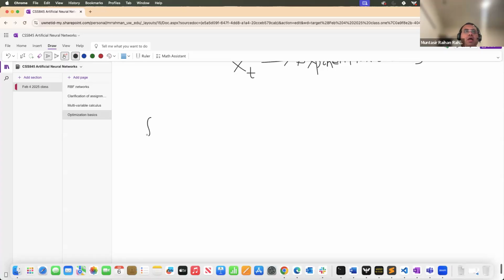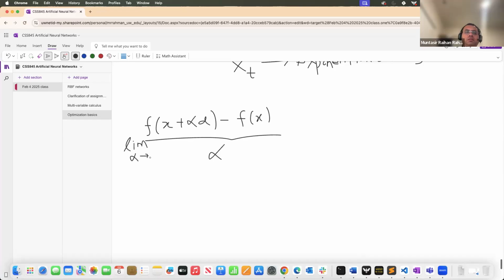We have the function f, and I start at x and move in the direction alpha d. Taking f of x plus alpha d minus f of x, divided by alpha, as alpha goes to zero, we know that this is the inner product of the direction d with the gradient of f of x, right? What does this tell us?